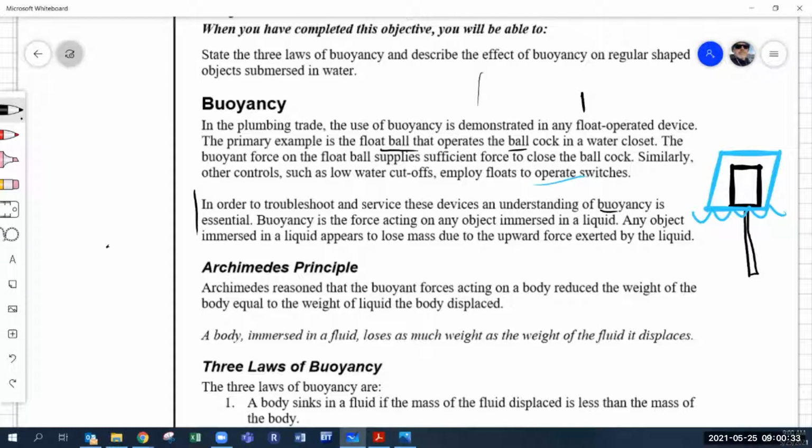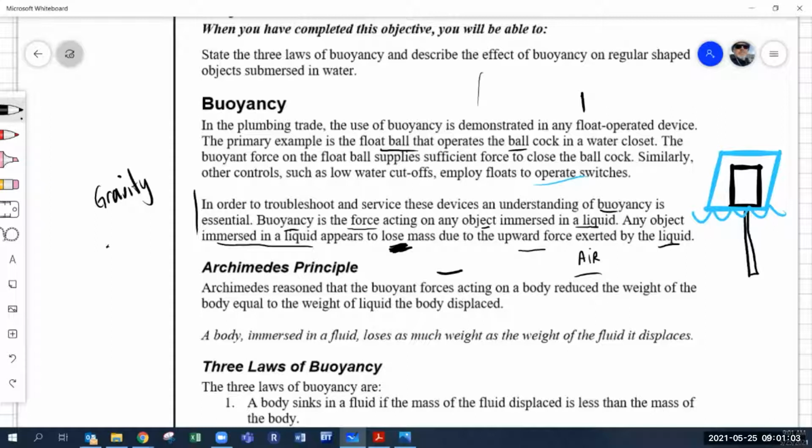Okay, buoyancy is the force acting on any object immersed in a liquid. Now, a liquid can also be air, by the way. Any object immersed in a liquid appears to lose mass due to the upward force exerted by the liquid. And if it's in air, it's gravity.